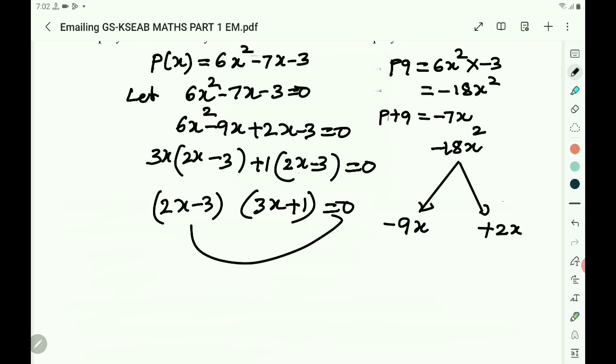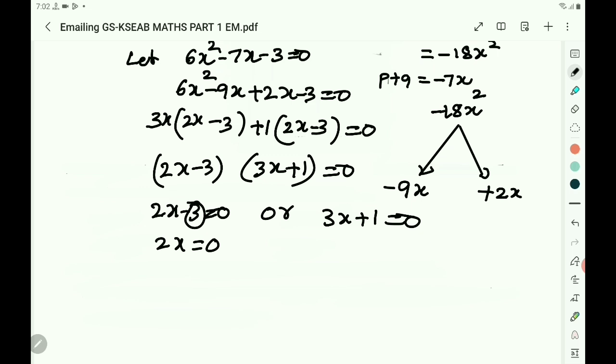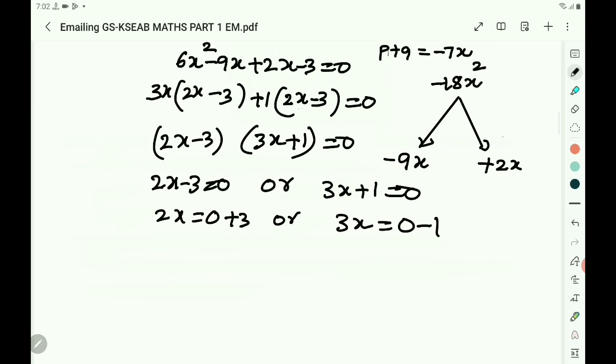Equate 2x − 3 to 0 and 3x + 1 to 0. 2x − 3 = 0, or 3x + 1 = 0. Transferring −3 to the RHS, it becomes plus 3; and for 3x = 0 + 1 transferred, it becomes −1.